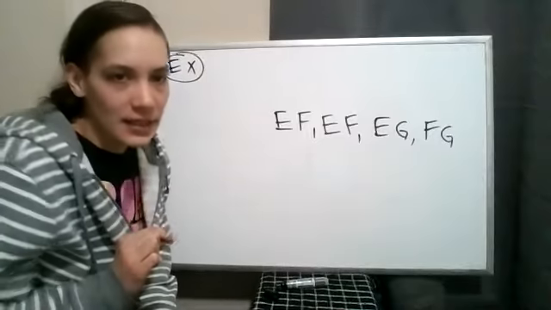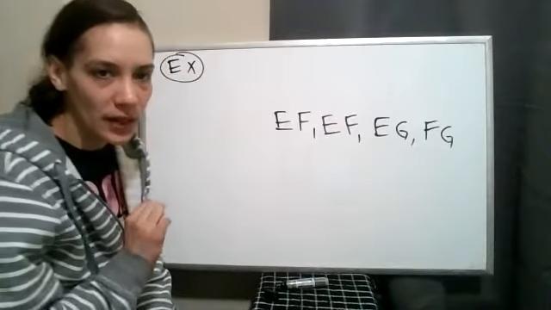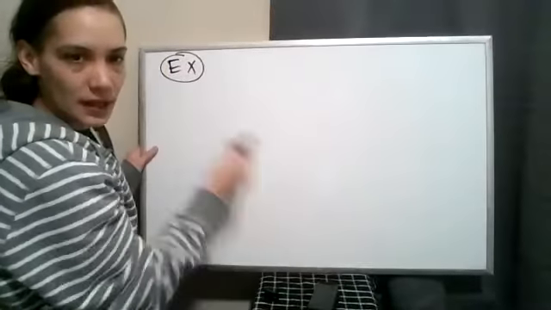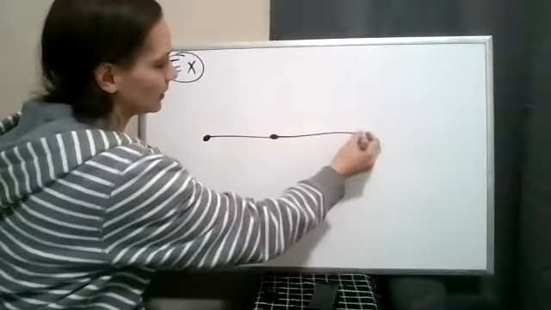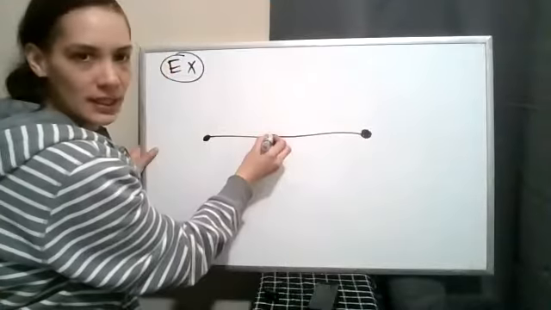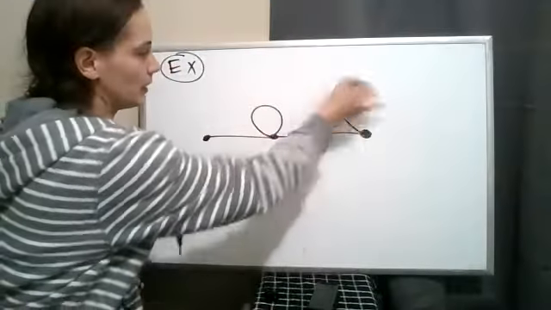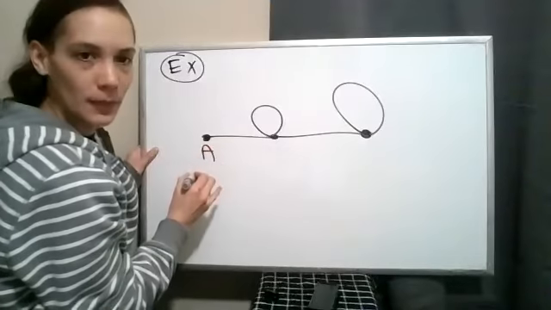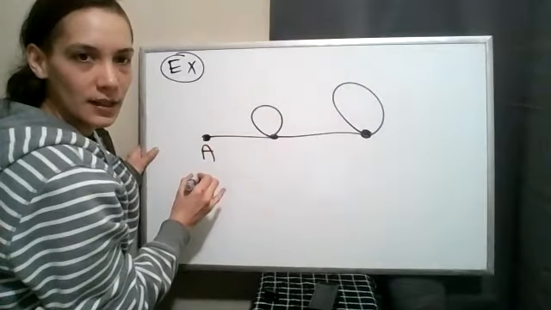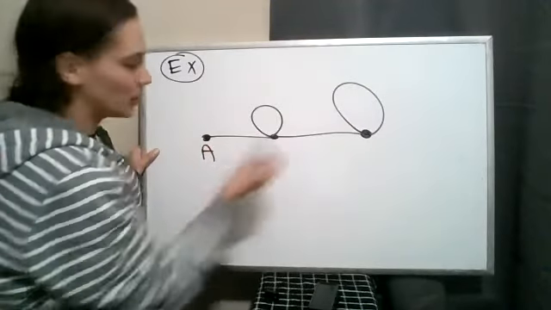Okay. The next one will go kind of dot, straight over to a dot, another dot. And off of this one is a loop and a loop. I'm going to call it ABC.